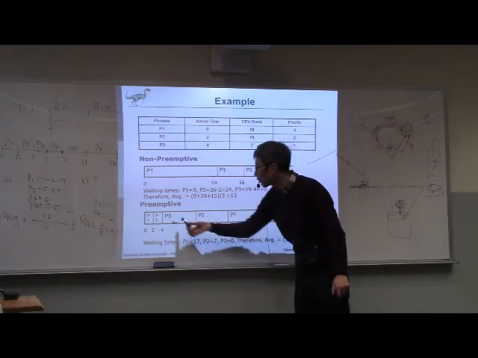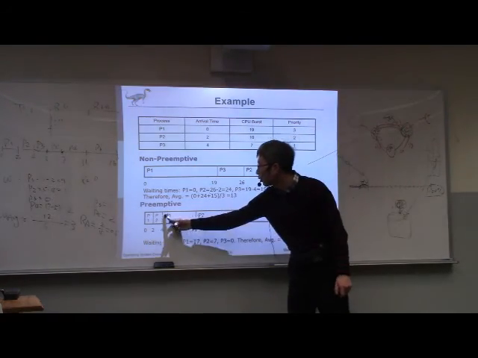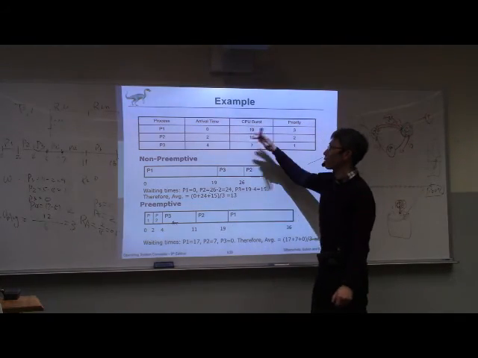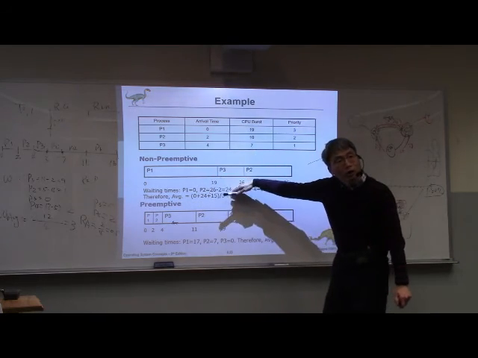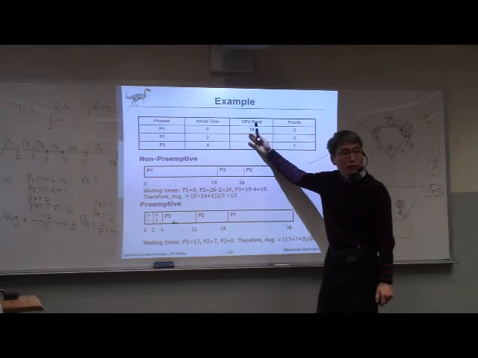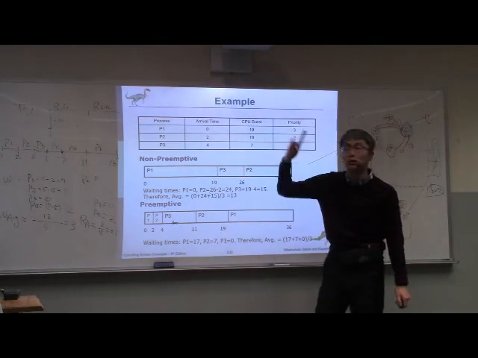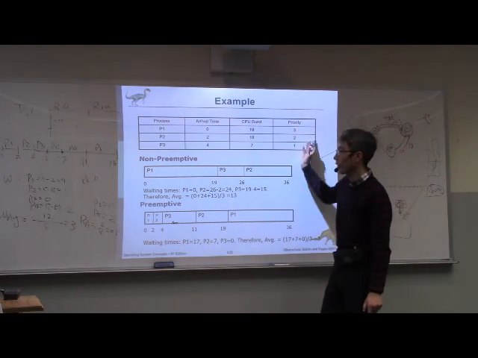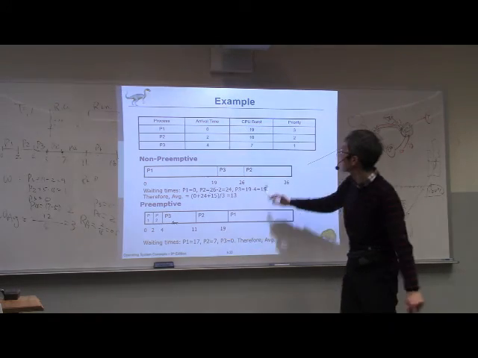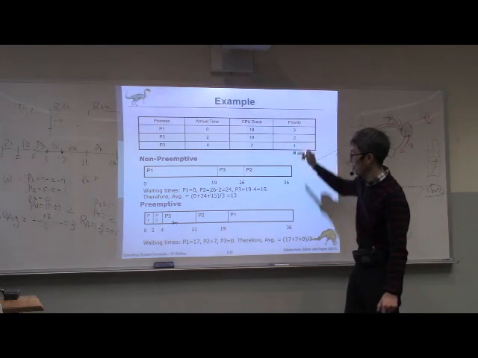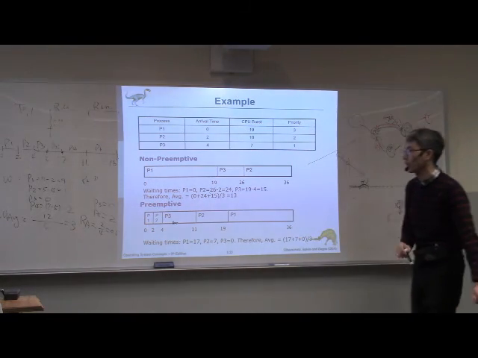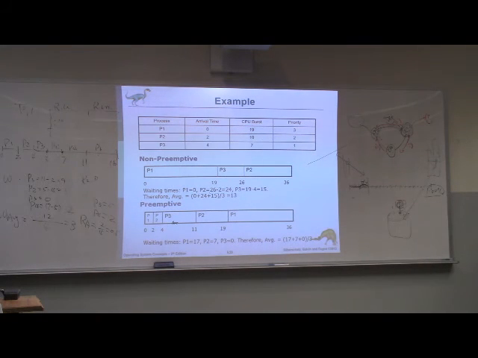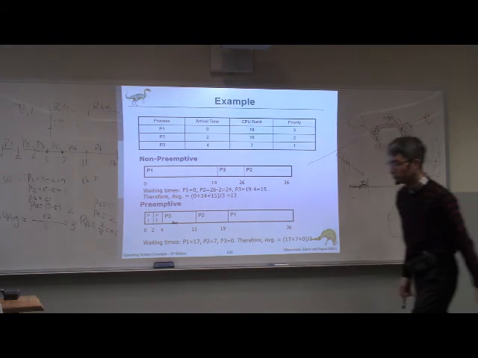P3 is the highest priority, so P3 will be selected until terminated. If you have another process following, you calculate with the same algorithm: select the highest priority. Then at time 11, between P2 and P1, P2 has the higher priority, so P2 is selected, and finally P1. We can calculate the waiting time the same way.